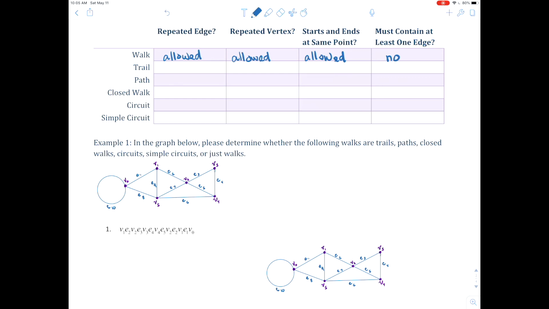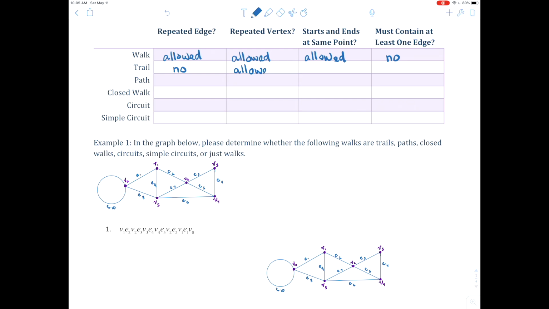All right, so let's look at a trail. Can you have a repeated edge on a trail? No. All right. A repeated vertex. You can. Right? The main thing for our trail was that you can't have a repeated edge. All right? It's a walk without a repeated edge.